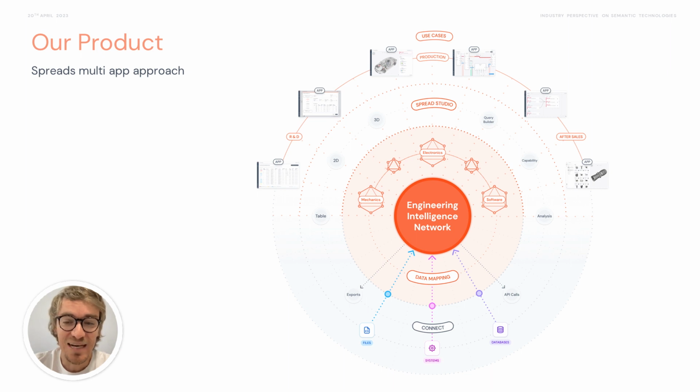Spread Studio, which relies on the schema and helps to build applications really, really fast. And on top, the applications which you face and which we can offer directly for the needs you have, to make your life a little bit easier, with the data at your fingertips.